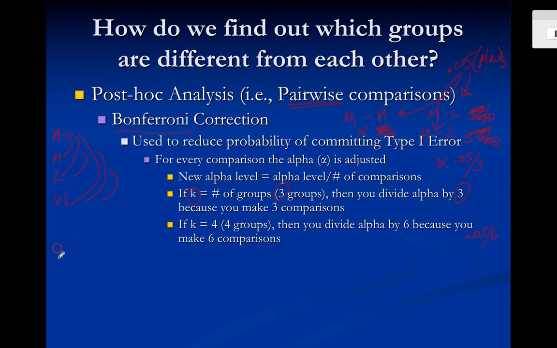So the comparison of high to moderate gets an alpha level equal to 0.016, or 0.017 if you want to round off. Moderate to low gets 0.016 as well.